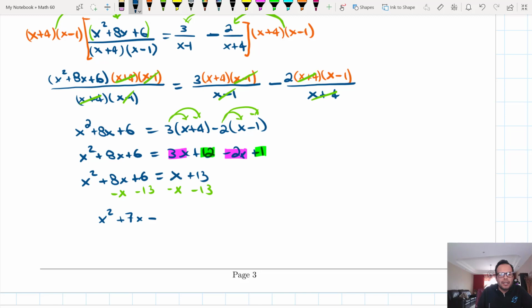Is that a negative 7? All right. Okay, let's see what's going on here. Looks like we are going to get a prime polynomial here.